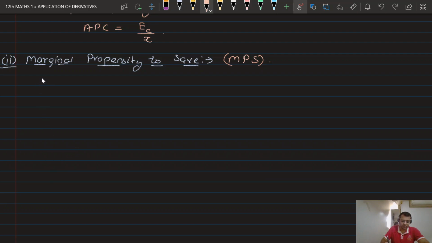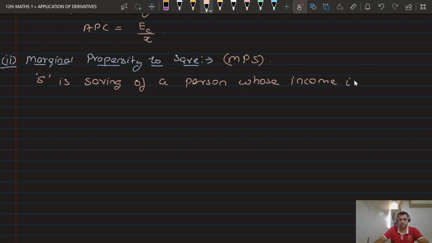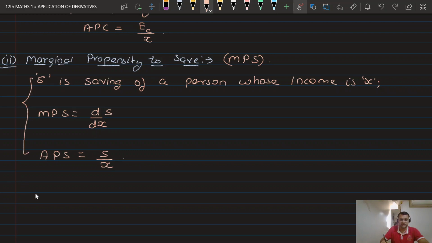Once again, if S is the saving of a person whose income is X, I can say that MPS is equal to derivative of the saving, and APS is the total saving divided by X. But these formulas are very rarely used.